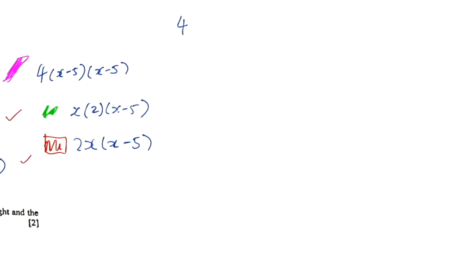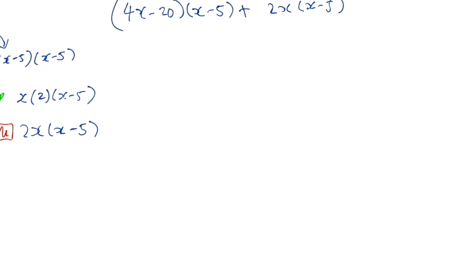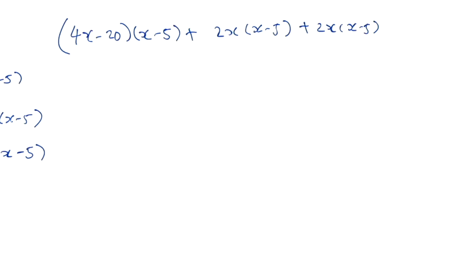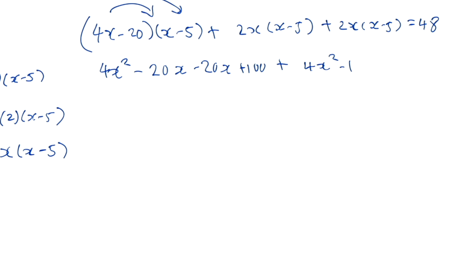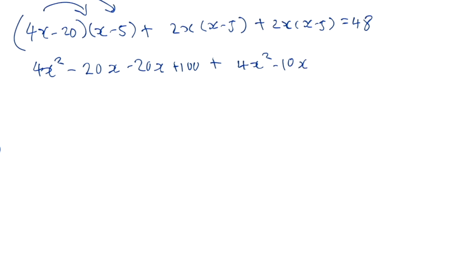So 4, times 2x minus 5, times x minus 5, plus 2x times x minus 5, equals 48. Expanding everything, we get 4x squared minus 20x minus 20x plus 100, plus 4x squared minus 10x, plus 2x squared.